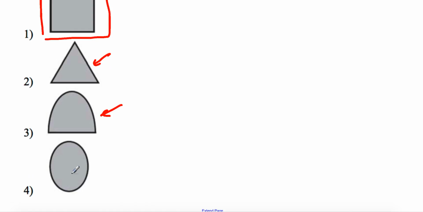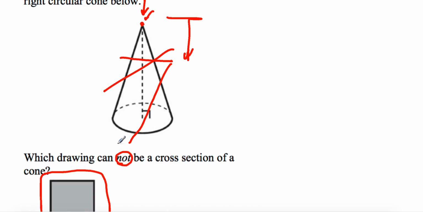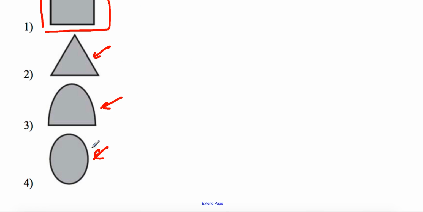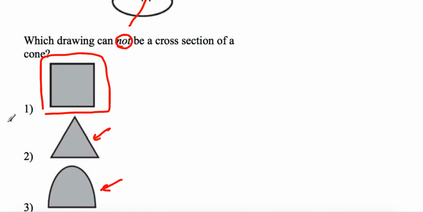Number 4 is a bit easier for us to guess, which is an ellipse. If I cut it right over here horizontally, parallel to the base, then it would be a circle, but if I do it slanted, then it would be an ellipse. So the last one is possible as well. Therefore, our answer is choice 1.